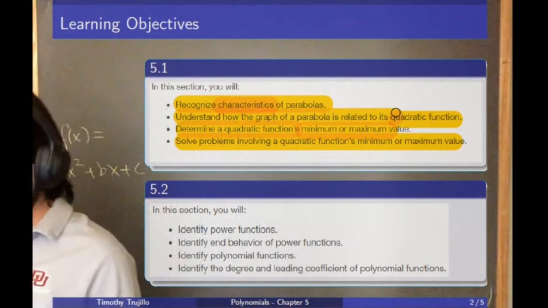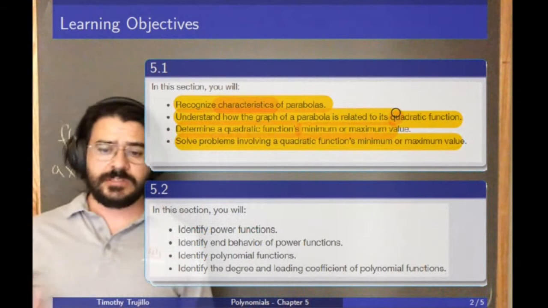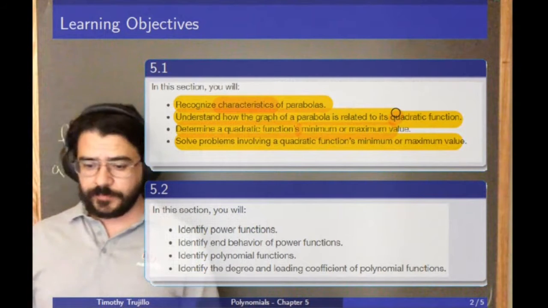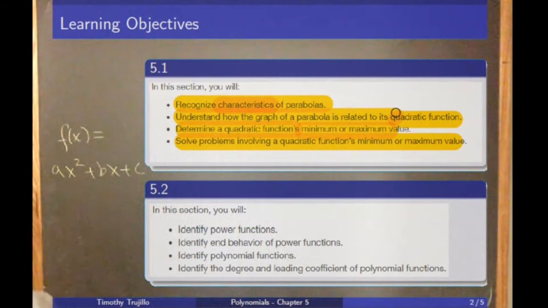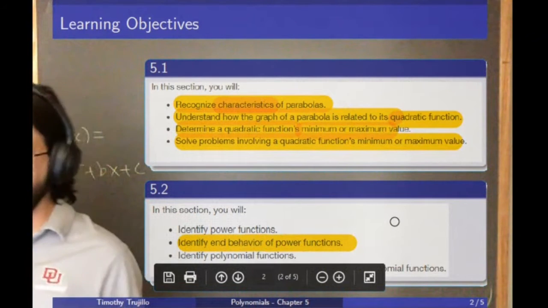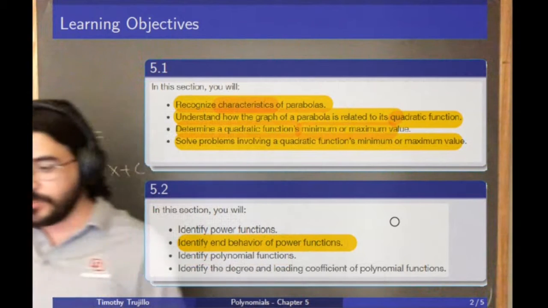After we did 5.1, we said, okay, we want to do the same setup, but now for higher degree polynomials. And we were really interested in what was called the end behavior of our functions. We saw that the end behavior was dictated by what are called power functions.